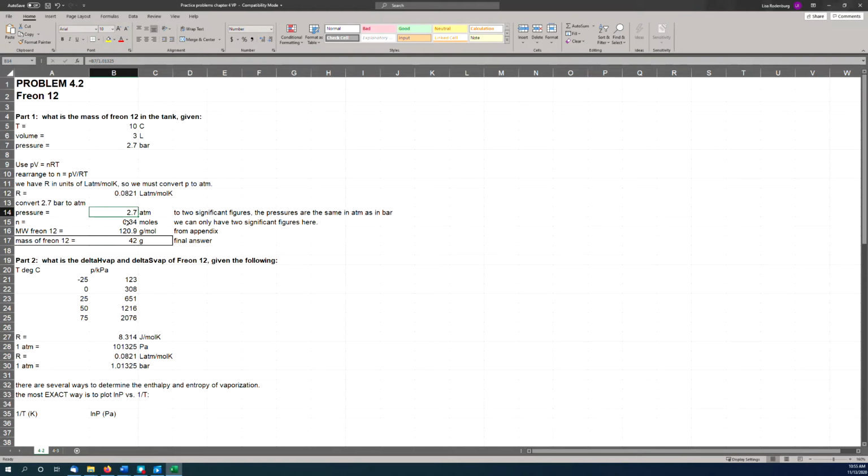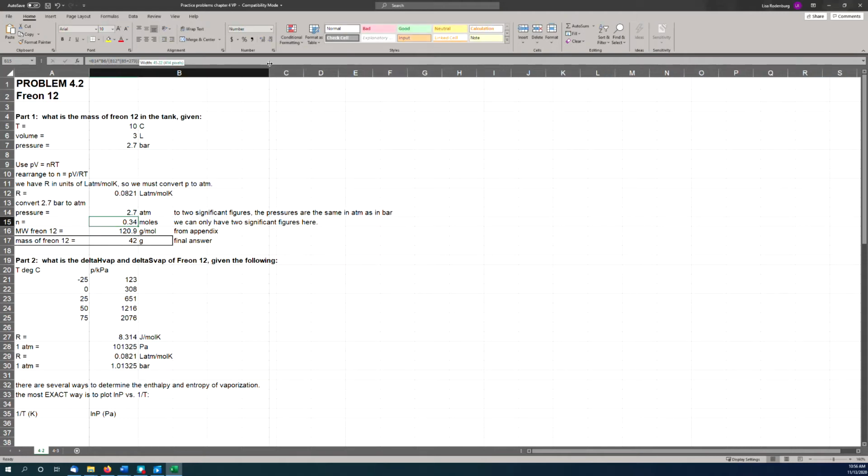So here's my pressure, 2.7 atmospheres, times the volume of 3 liters, divided by R and T, which is 10 degrees Celsius, but I have to add 273 to it to get this in terms of Kelvin units.